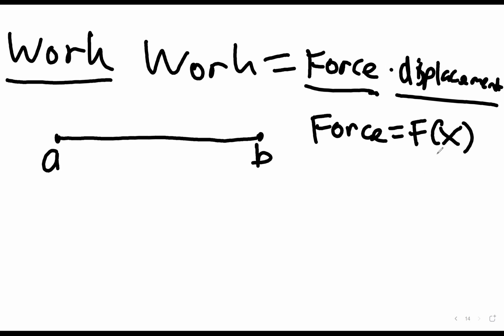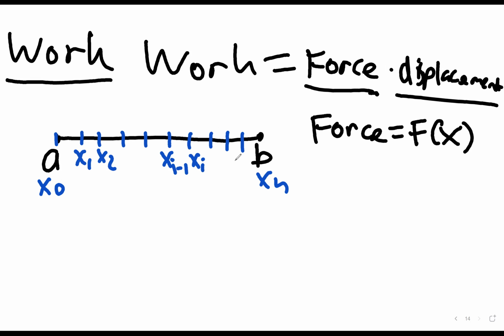Of course, the idea is that we consider a partition of the interval [a, b] into smaller subintervals. Let's say x0 equals a, xn equals b, and in between we have x1, x2, x3, x4. In general, x_{i-1} until x_i, and x_{n-1} until x_n.